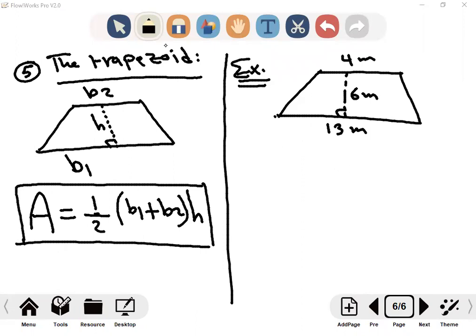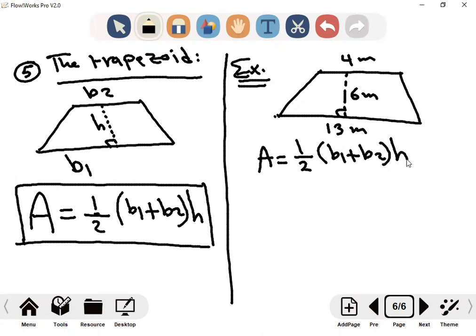Nidal. Yes, mister. Do you understand everything, Nidal? Tell me. First we will write the area. What's the formula? A equals half, parentheses, base 1 plus base 2, parentheses, h.